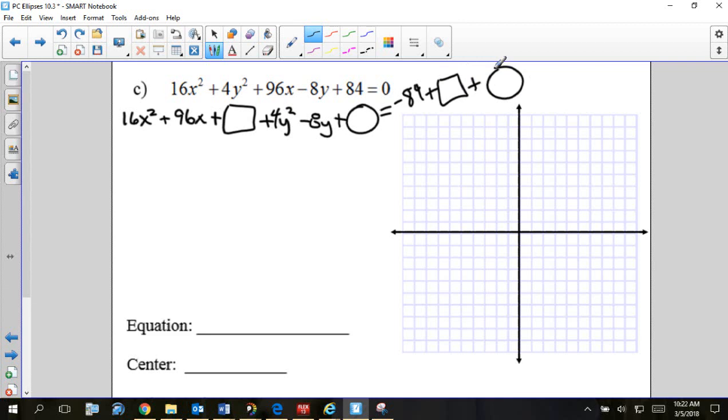So to factor out the 16, but the 16 is only being factored out of the x values. So I will have 16, and then parentheses, x squared plus 6x plus fluffy cloud.